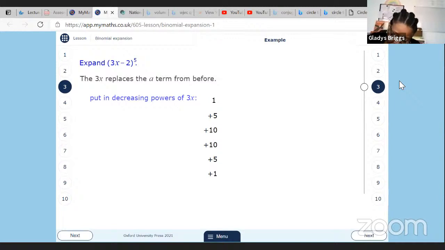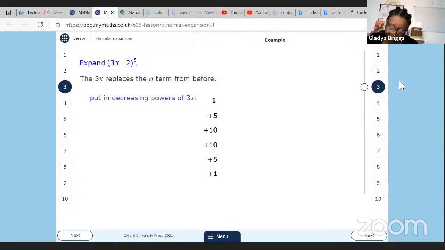So this should be 5 here. And this should be 4 and 3. And 5x to the power of 2 here. And 5, 4, 3, 2. Oh, 10, 10. Yeah. And then 5x to the power of 1. And then 1x to the power of 0.